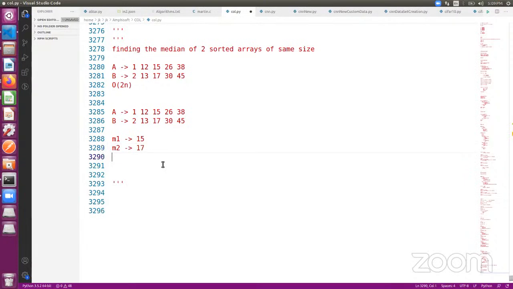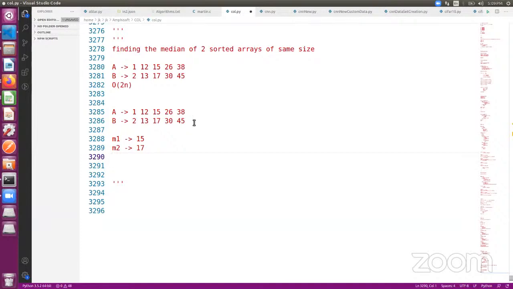Here you can see that M1 is less than M2. If M1 is less than M2, it is obvious that the median should be present either in the right hand side of A or in the left hand side of B. It would not be present in the left hand side of A or the right hand side of B.